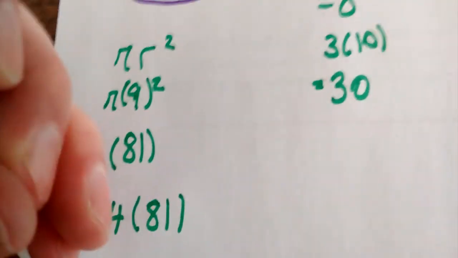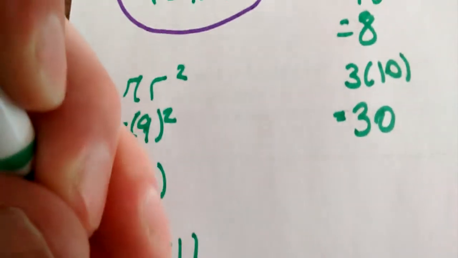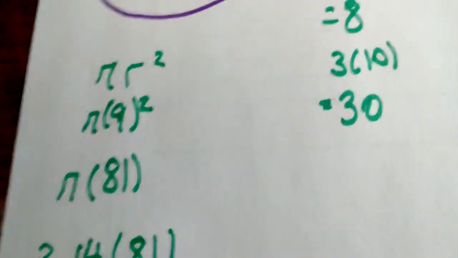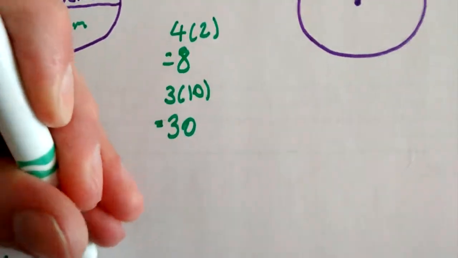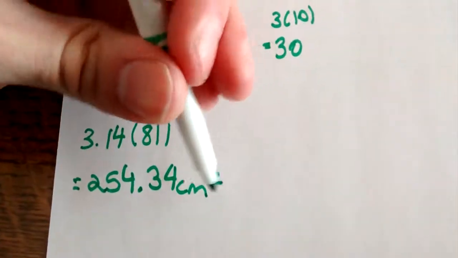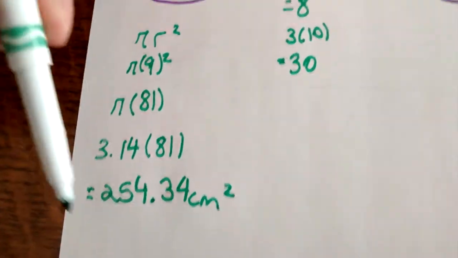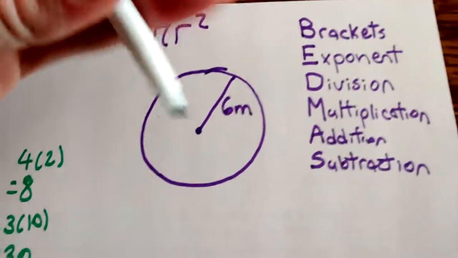equals 254.34 centimeters squared. Because we're dealing with area, squared. 254.34 centimeters squared. One more example over here.